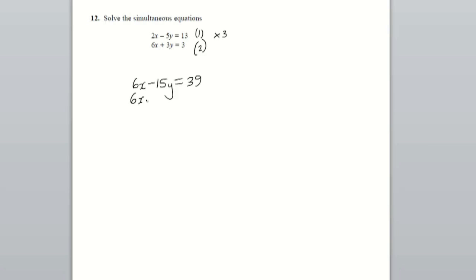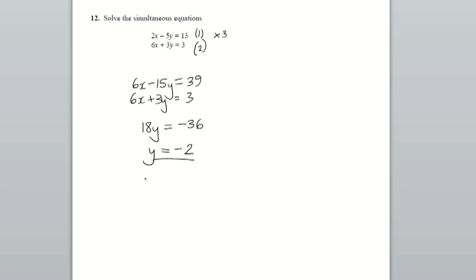If I leave the bottom one alone, then the thing I want to eliminate is positive in each case, so if I subtract the top one from the bottom one, I'm going to get 3y minus 15y, which is 18y. Remember, I have to subtract the right hand side in the same order. 3 take away 39 is minus 36. So that leads me to y being minus 2.